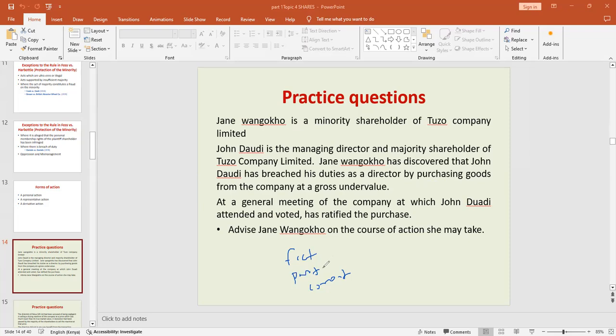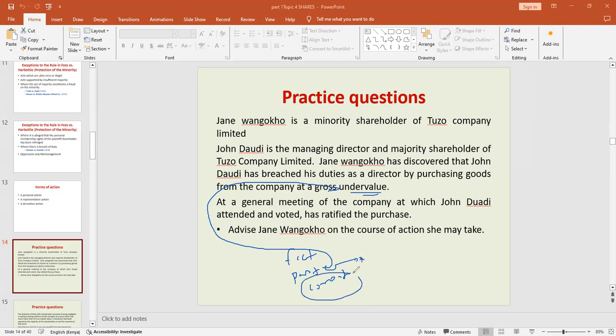So the action of buying these things at a gross undervalue proves that there's a breach of duty. There's also mismanagement. There's the breach of duty as a director, because you're supposed to ensure that the company is profitable. Duty of care, or fiduciary duty, to ensure that the company is running smoothly. And also there's mismanagement. So all that.